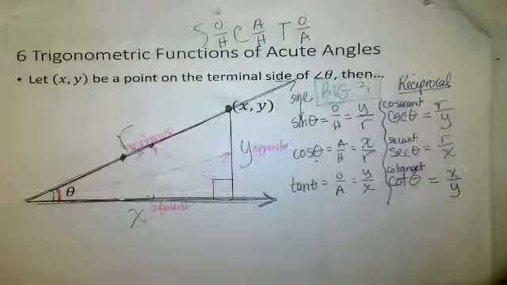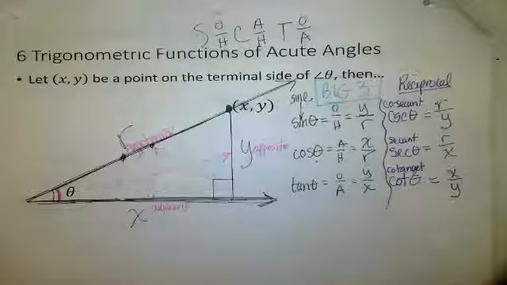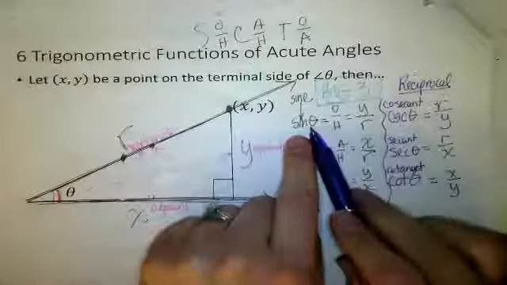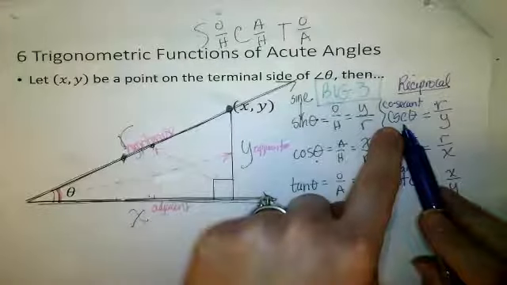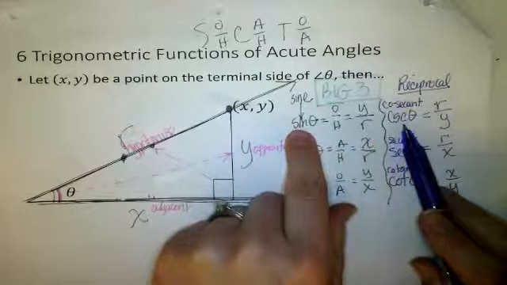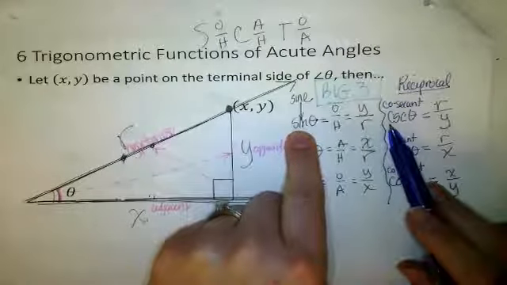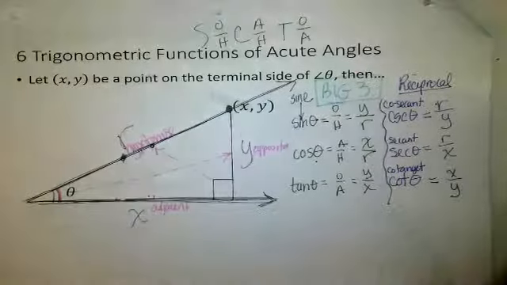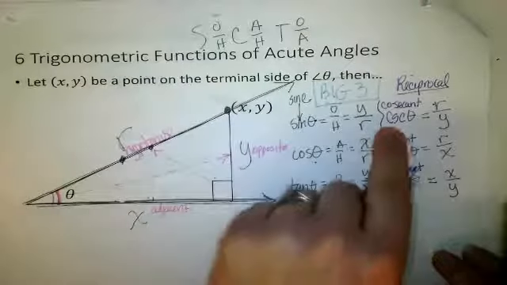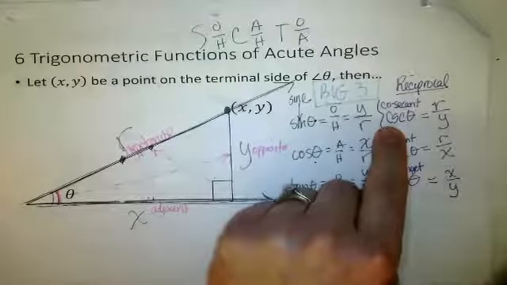Now I'm always going to write them in this order. What you need to remember is that the sine function and the cosecant function are reciprocals. So how do you know that sine is reciprocal to cosecant? They all have a co. Sine goes with cosecant.